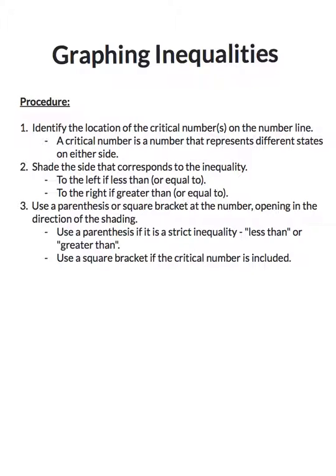We use a square bracket if the critical number is included for our less than or equal to and our greater than or equal to. And we want our parenthesis or our square bracket to open in the direction of the shading.